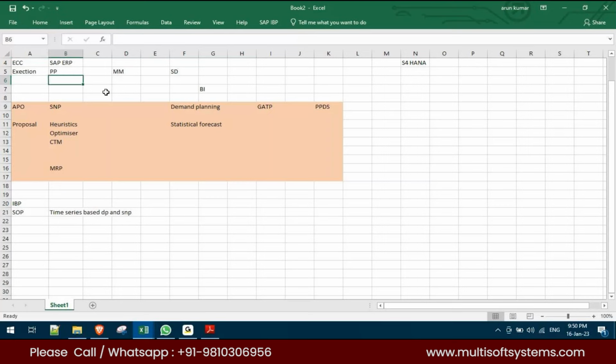You can see all the receipt elements there, whether you have stock, a customer order, a sales order, a planned order, or a purchase request. All these things are in MD04.